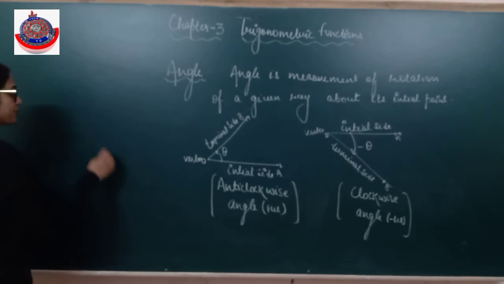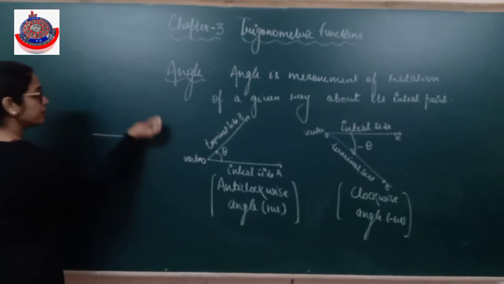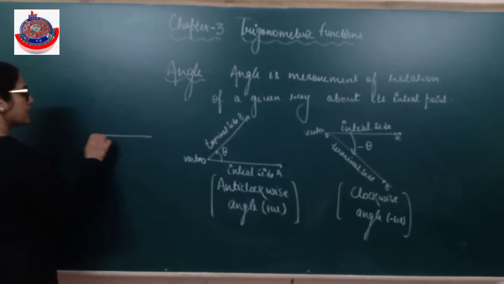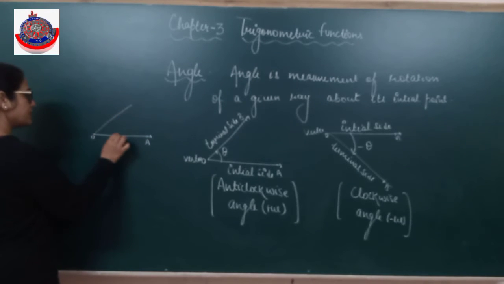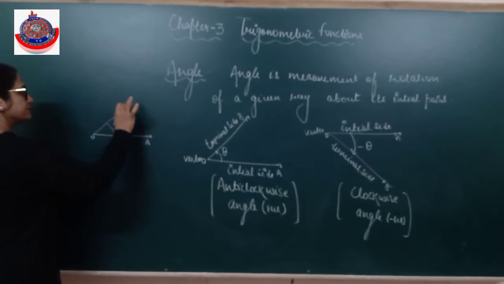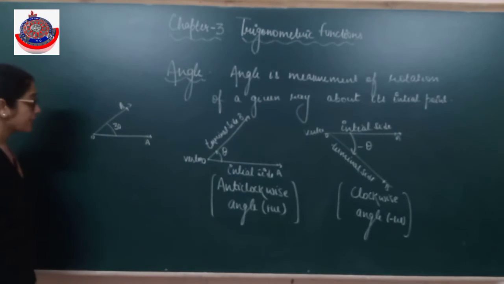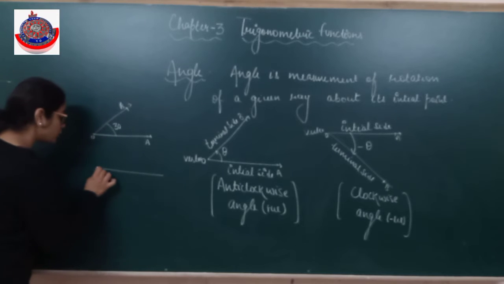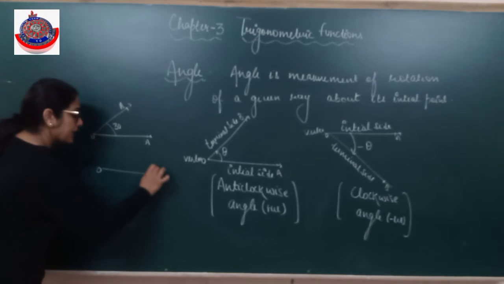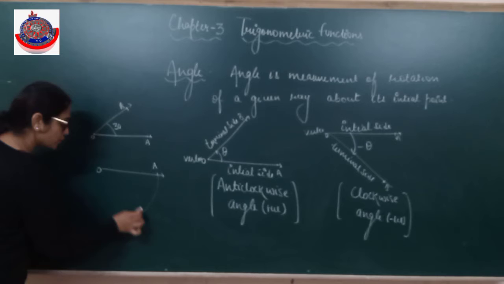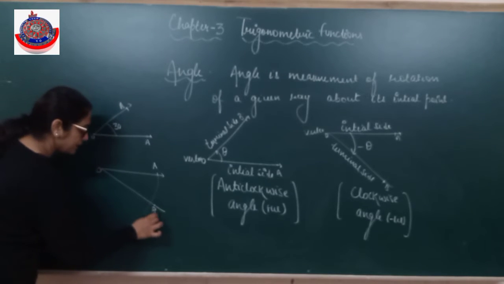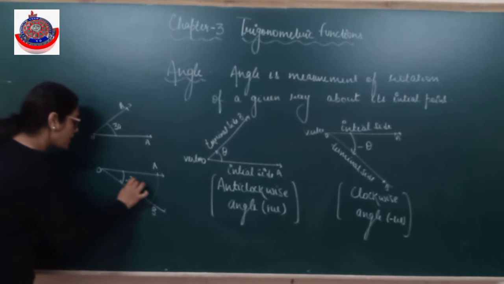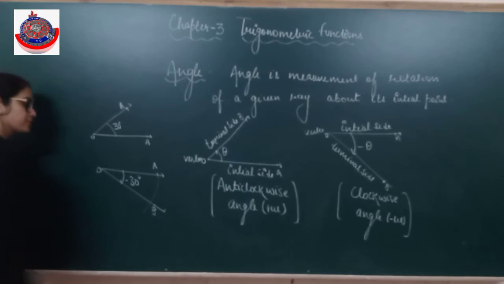That means if you are seeing the protractor, it goes from here to here. So whenever I make an angle of 30 degree, that's positive. Clear? Suppose I go 30 down in the clockwise direction from here to here, and say this is my B, so this is going to be minus 30 degrees.